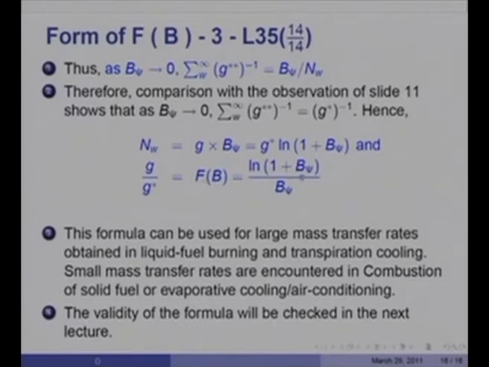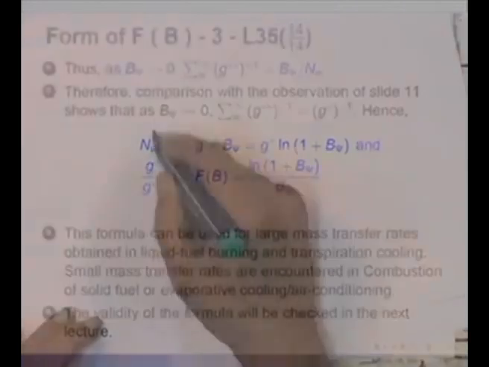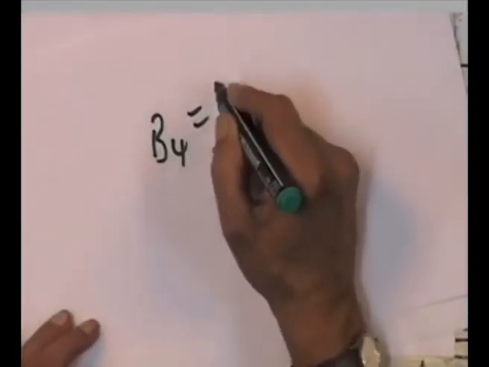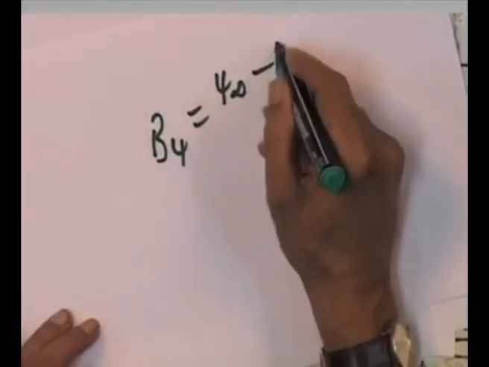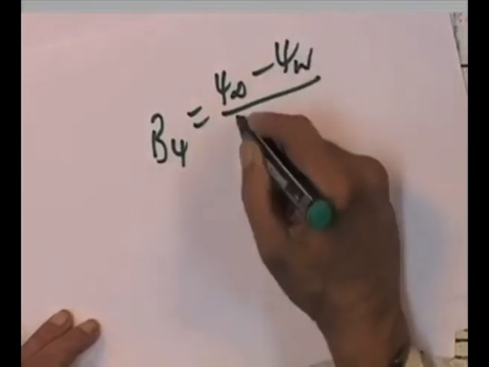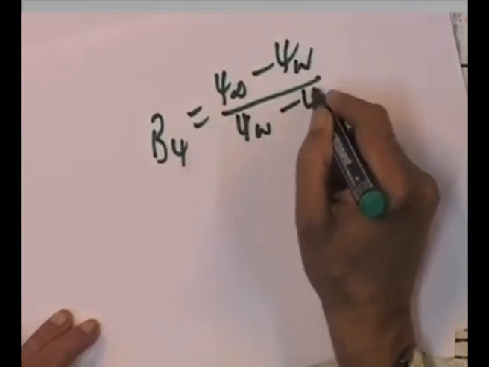At very, very large mass transfer rates, remember the definition of B psi says that B psi is (psi infinity minus psi W) divided by (psi W minus psi T).